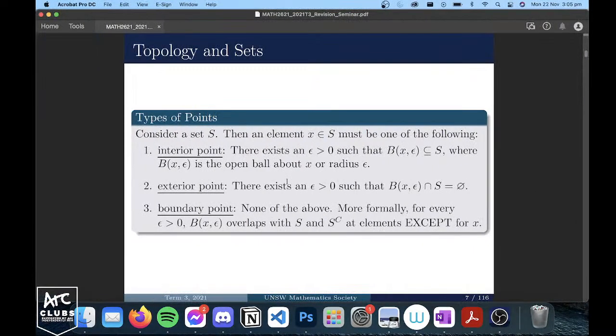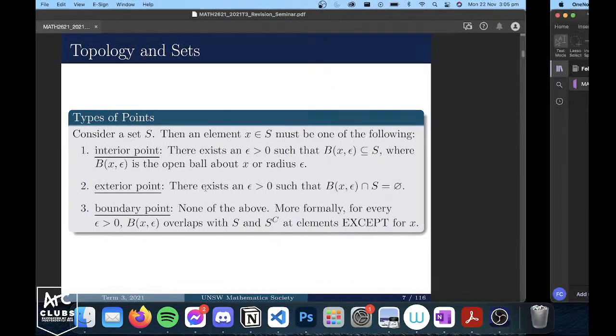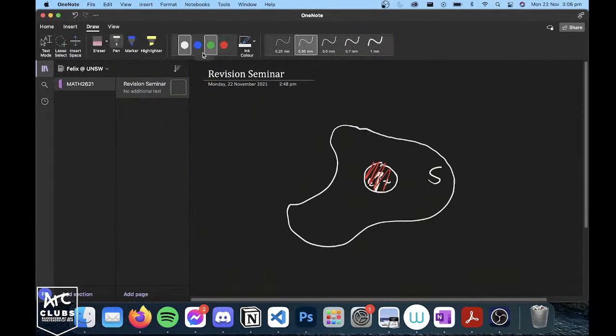Pretty simple. And then an exterior point is basically the opposite, where we have a point over here, a different x, let's call it x1, with a radius of say epsilon 2, where we can find an epsilon, in this case epsilon 2, where everything inside the ball is not included within the set.